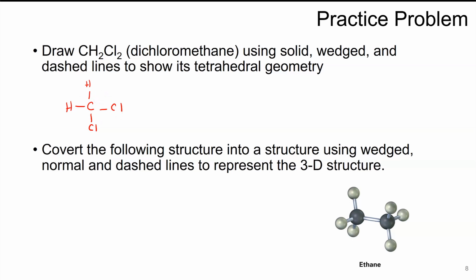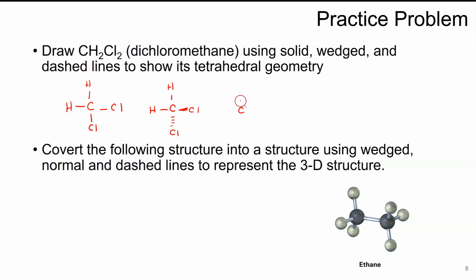If we want to show wedges and dashes, we can choose any 2 things to be flat and then the other 2 wedged or dashed. So if I opt for my hydrogens to be flat, one of the chlorines must be wedged, the other one must be dashed.